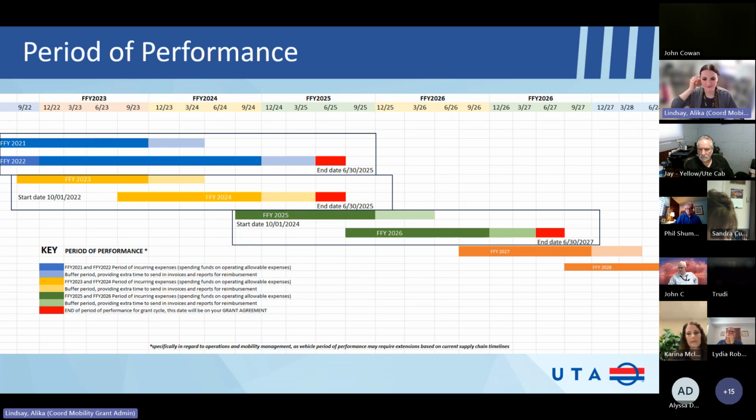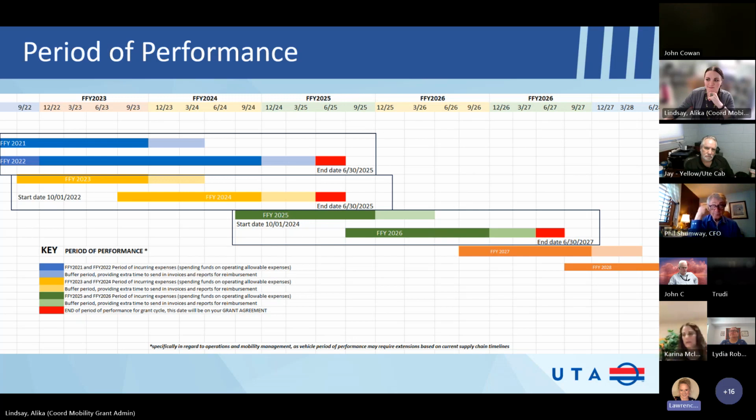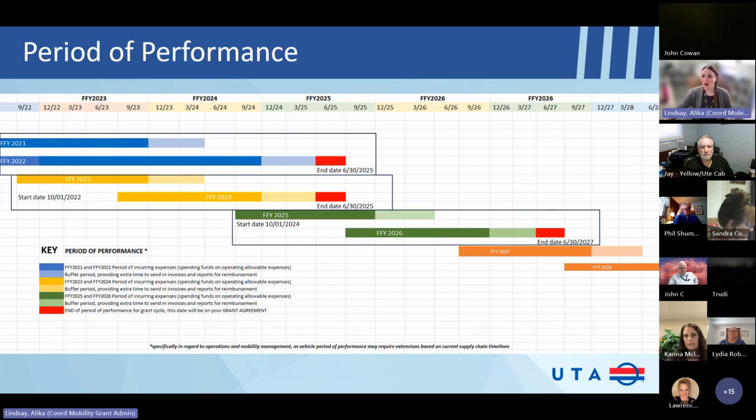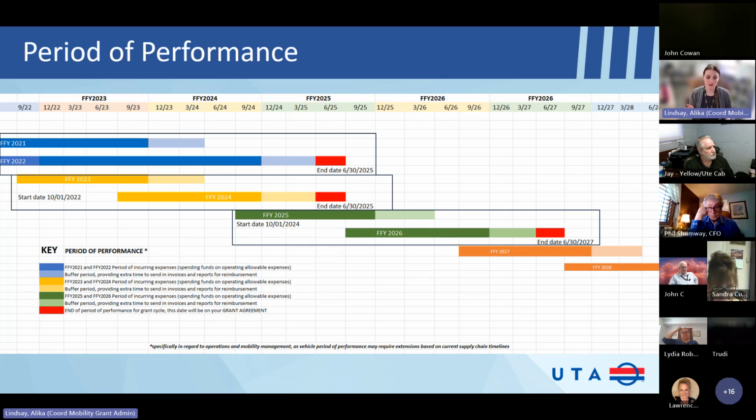Okay, go ahead. How will this affect quarterly performance reports? For example, when we start to do reports, will it be quarters in fiscal year 25 that we're reporting on, even though our invoices go back to fiscal year 23? No, not necessarily. So for operating, as soon as your operating is spent, you do your final quarterly report.